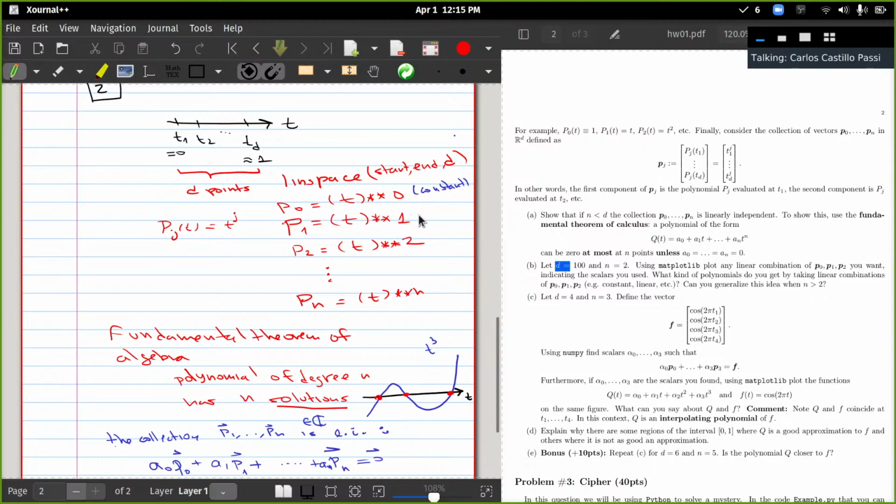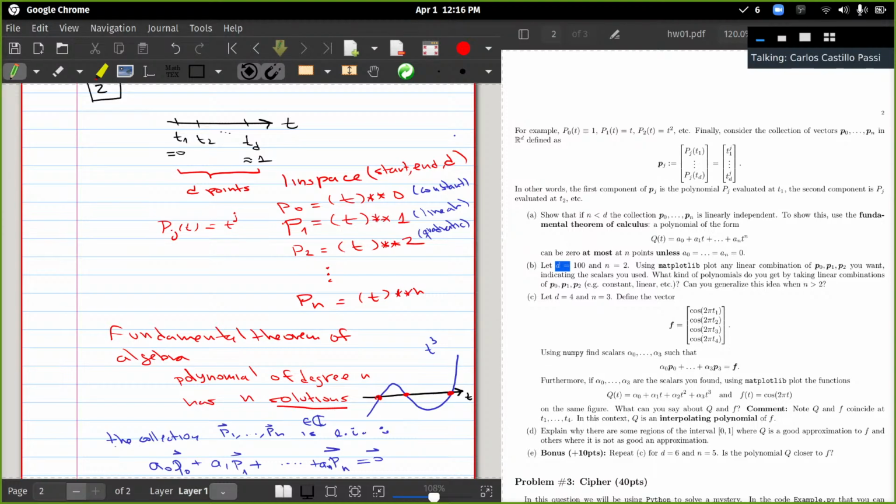The first polynomial is linear. Then the second one, or the third one, depending on how you see the numbers, is quadratic. And so on.